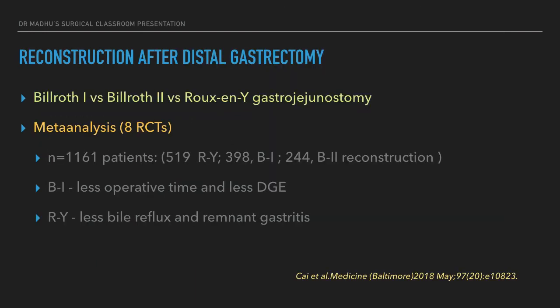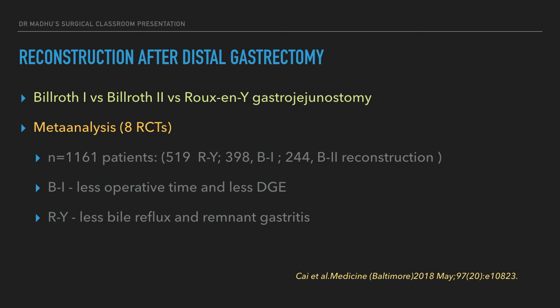Now again, we had several studies comparing different ways of reconstructing after a distal gastrectomy. We had a meta-analysis of 8 randomized studies comparing Billroth 1 versus Billroth 2 and a Roux-en-Y type of gastrojejunostomy following a distal gastrectomy.